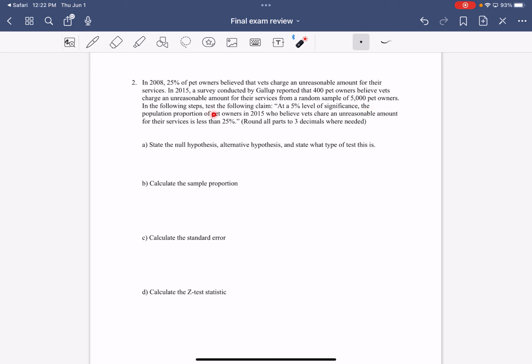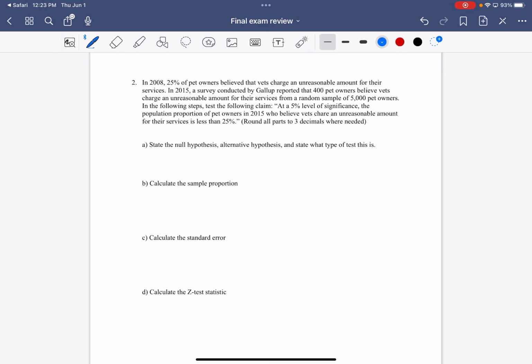In the following steps, test the following claim. At a 5% level of significance, the population proportion of pet owners in 2015 who believe vets charge an unreasonable amount for their services is less than 25%. Round all parts to 3 decimals where needed.